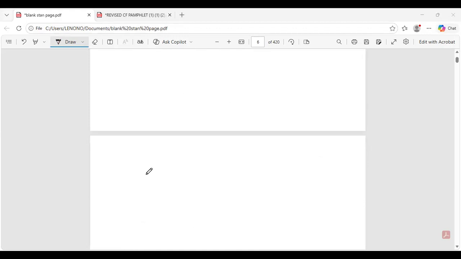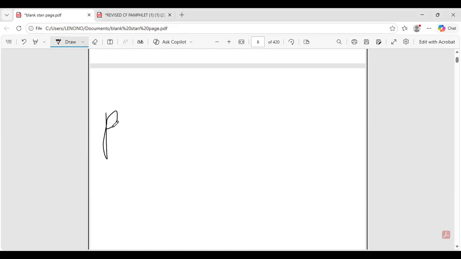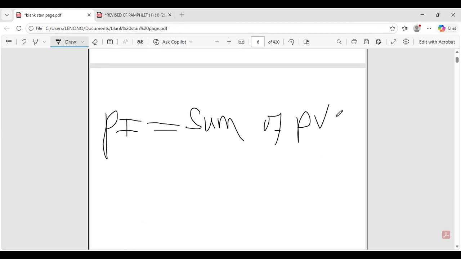So PI is equal to the sum of present values divided by the initial investment.